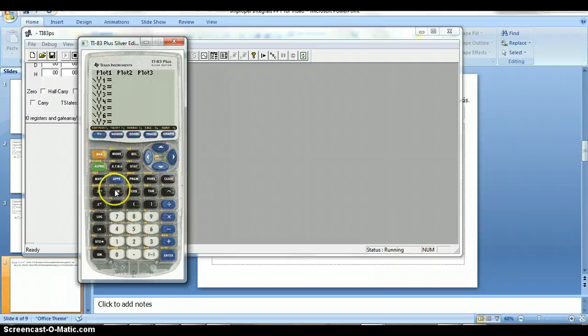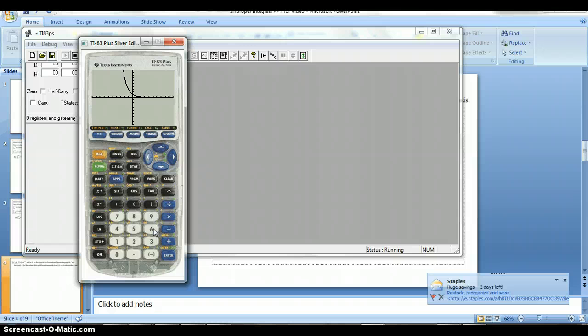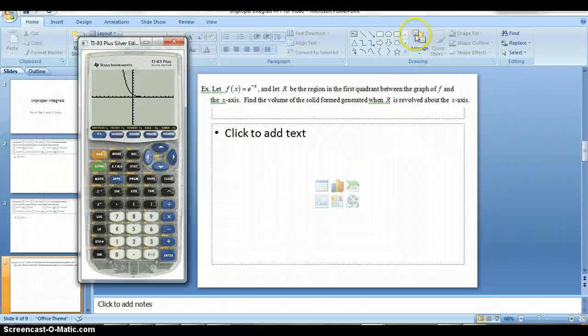So y equals e to the negative x, and I'm going to zoom 6 and see what I have. That looks like exponential decay, and we were interested in that graph: let R be the region in the first quadrant, between the graph of f and the x-axis, and then we're going to revolve this around the x-axis. Excuse me.